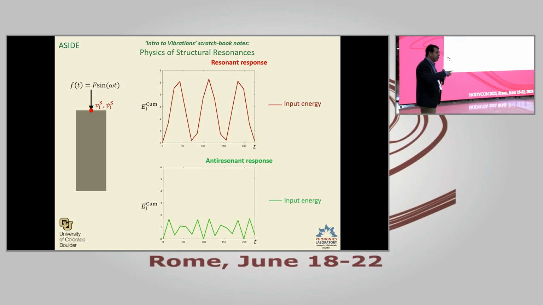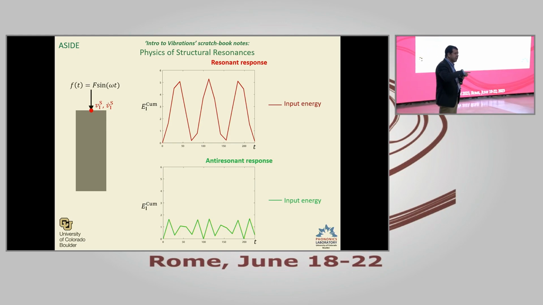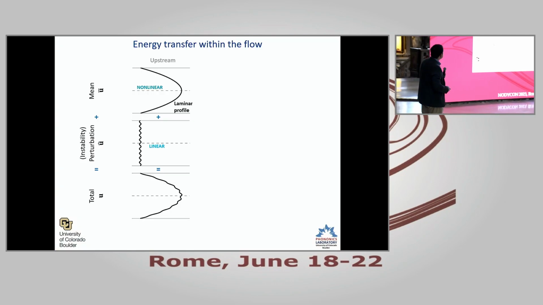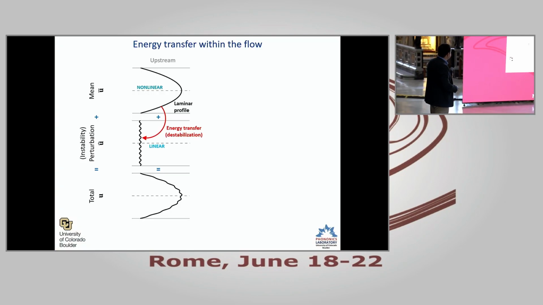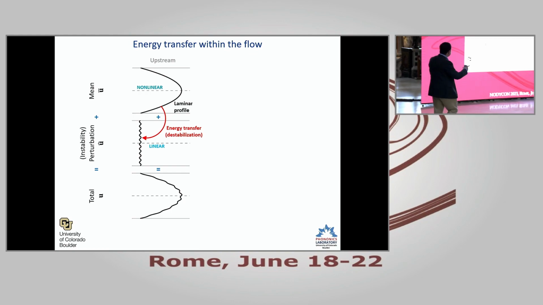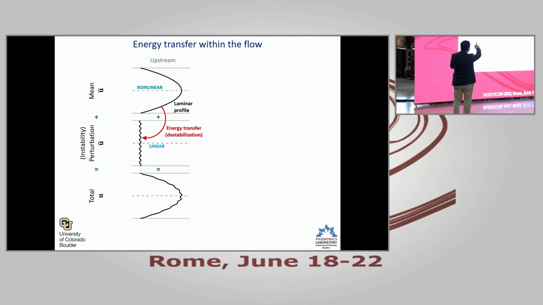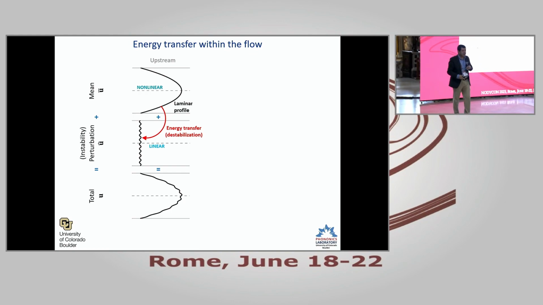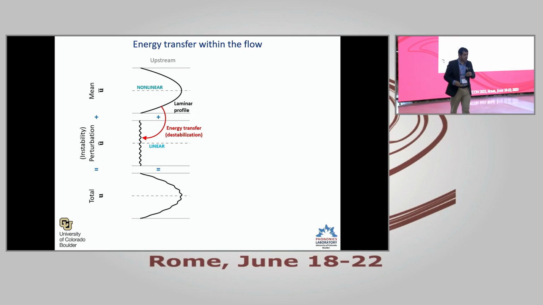What I'll show you now, and hopefully convince you, is that we can contiguously extend these basic ideas into the flowing flow. So going back again to this picture, one can view this energy transfer from the mean flow to the instability as a resonance phenomenon. So energy is being added to the instability.